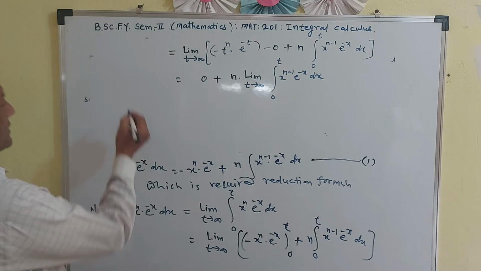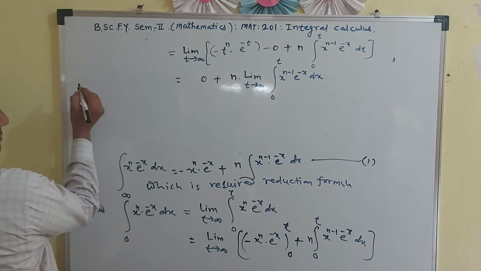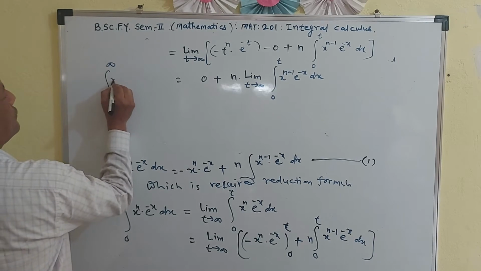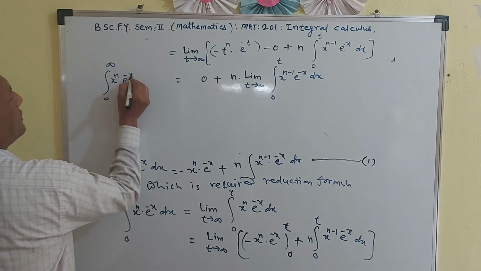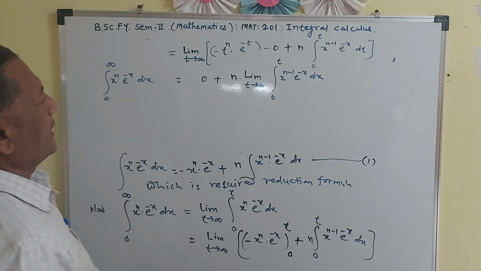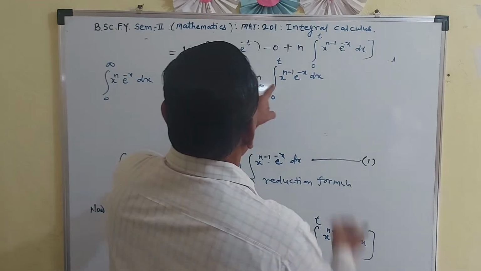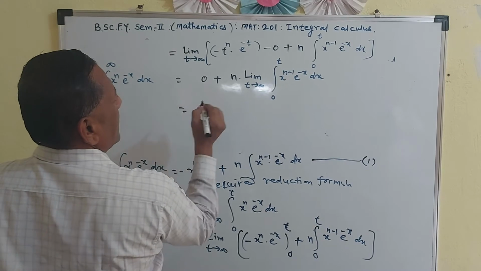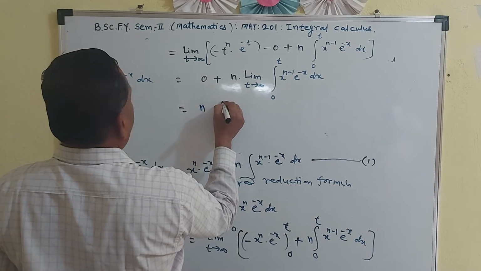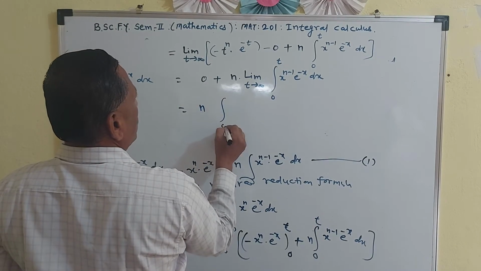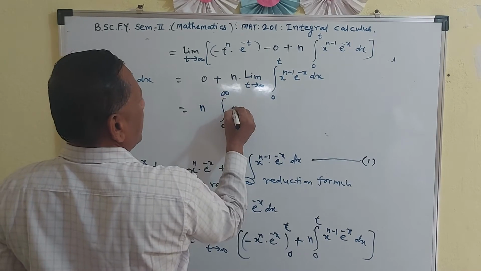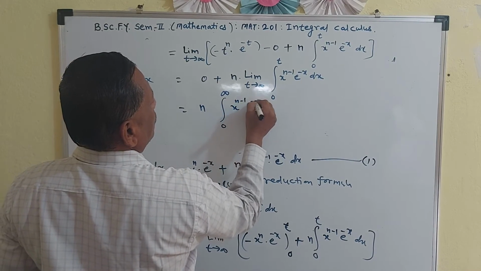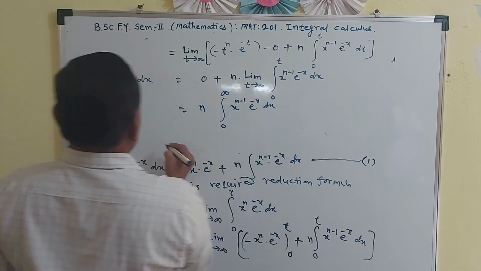So the left side is integration going from 0 to infinity of x raised to n into e raised to minus x dx, and this is the improper integral. This can be written as n into integration going from 0 to infinity of x raised to n minus 1 e raised to minus x dx.